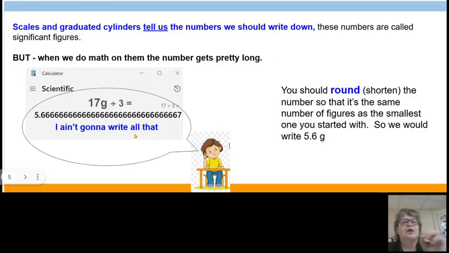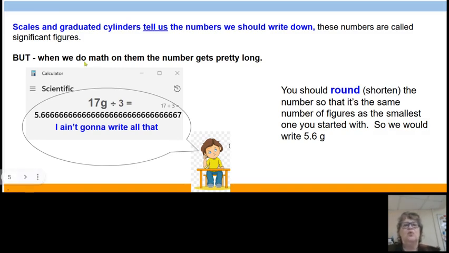Scales and graduated cylinders tell us numbers that we can write down. Great, no problem, right? We call those significant figures. So significant figures are the numbers that instruments like the scale and the graduated cylinder tell us to write down.